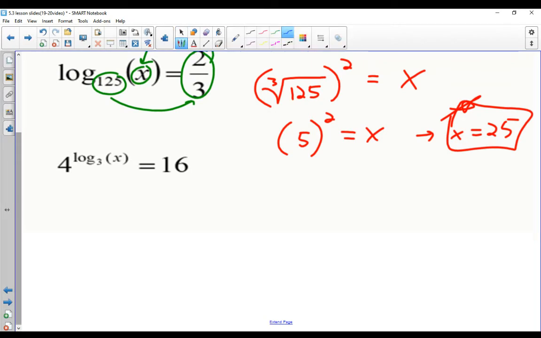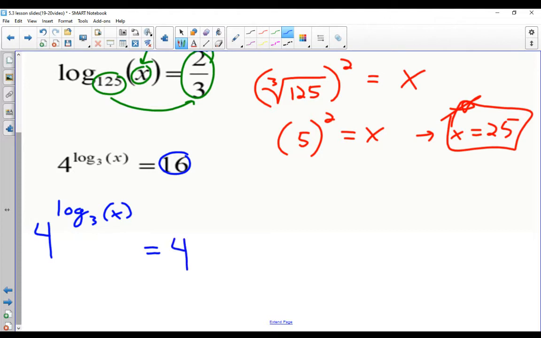Now, next example. This one looks a little weird because the log is in the power. Now, unfortunately, we can't do the loop method yet with this stuff. All I can do now is I can look at the 16. I wonder if I can rewrite 16 as a base of 4.